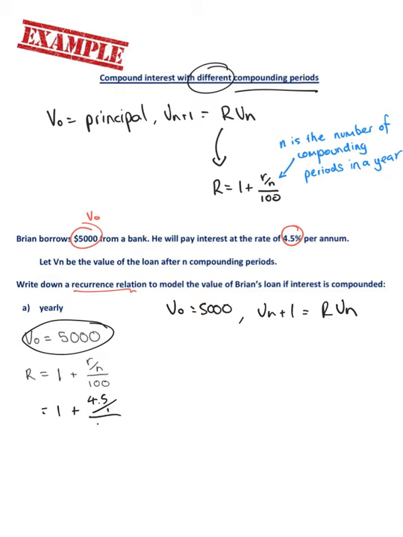And then divide that by 100. Put that into our calculator, and we get the rate to be 1.045. Sub that in. So therefore, V of naught equals 5,000, V n plus 1 is equal to 1.045 V n. Cool.